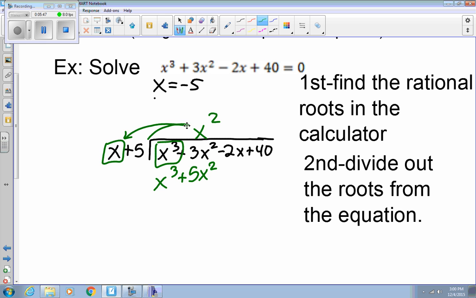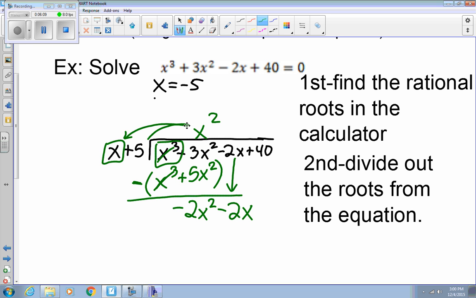Be careful with your subtraction here. We're subtracting these. Subtract both terms. First term gets canceled. Second term, 3x squared subtract 5x squared is negative 2x squared. That's where a lot of people make mistakes, carrying that subtraction over to the second term. Bring your next term down.